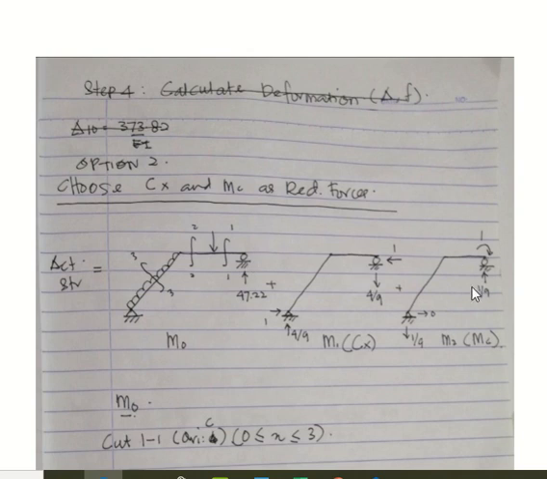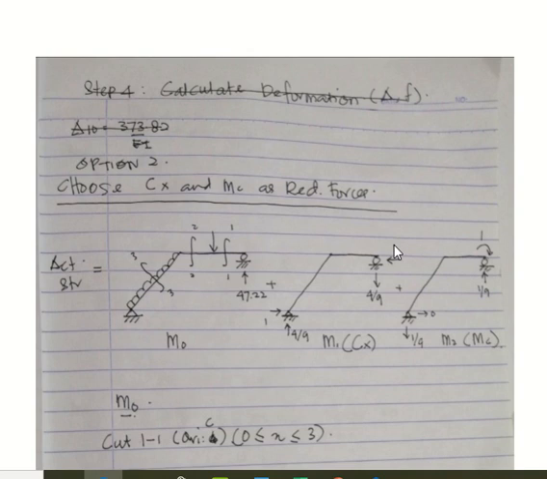Similar to redundant number 1 and redundant number 2. When you remove CX and MC, redundant number 1 is associated with CX, redundant number 2 is associated with MC. For redundant number 1, since you remove CX, you must apply 1 unit load at C in the X direction.